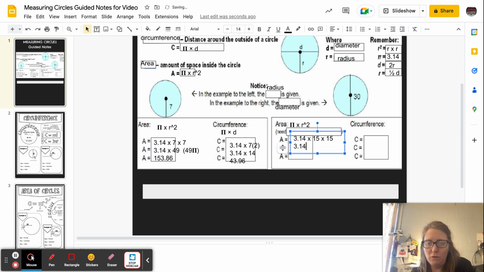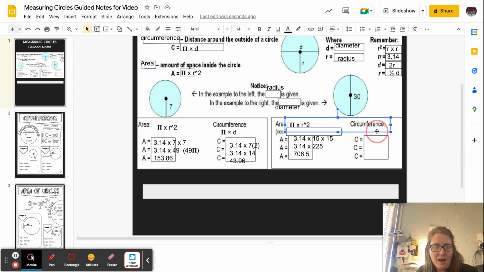So 3.14 times 225, and 225 times 3.14 is 706.5. So the approximate area of a circle with a diameter of 30 would be 706.5, and then it's whatever units it is.